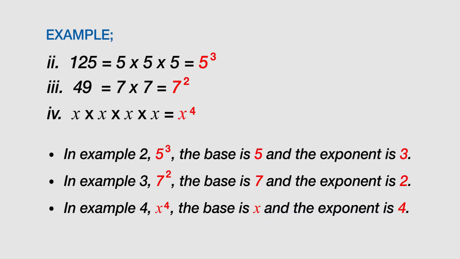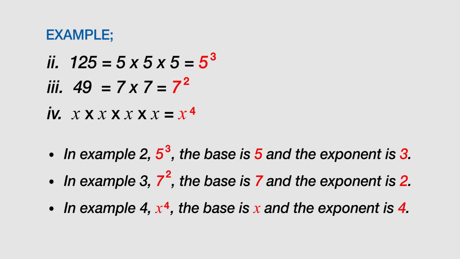In example 3, we had 7 to the index of 2, and the base is 7, the exponent is 2. In example 4, x to the exponent 4, the base is x and the exponent is 4.